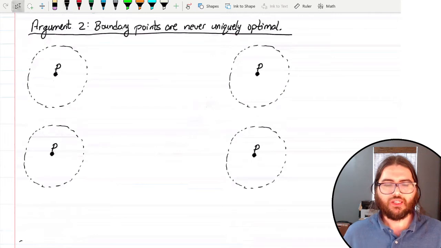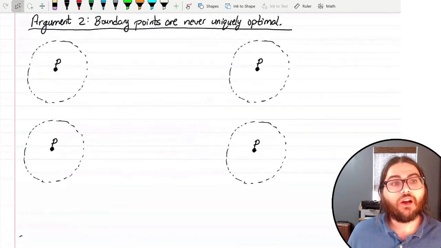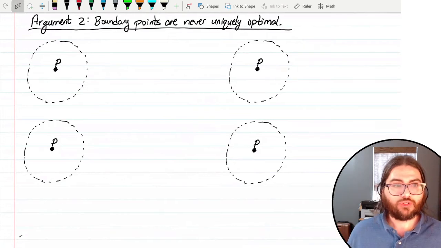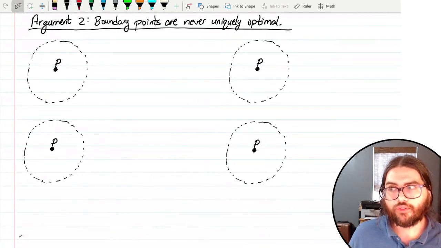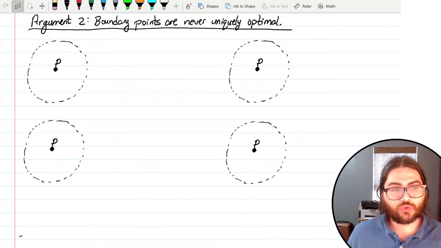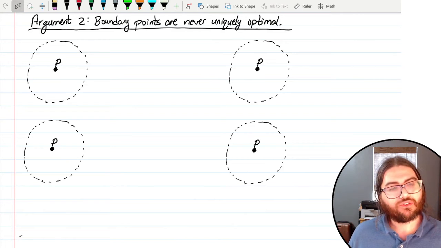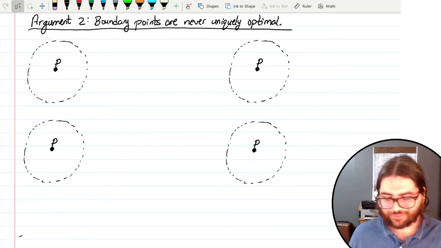That's the argument. The trick here is that boundary points, I don't know a whole lot about the boundary because now that these points are on the boundary, my circle diagrams, you see I've drawn 4 of them here, the circle diagrams will have to contain a boundary line, the boundary line that it's on, as well as, right, the isoprofit line.